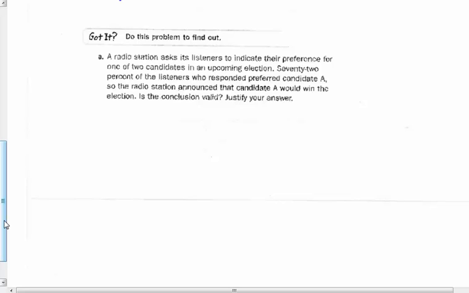Well, I would say no, it's not valid. Why? Because it doesn't say anywhere in here that it was a random asking of their listeners. People who listen to a certain radio station usually have certain views or could have similar political views, so it does not say random.